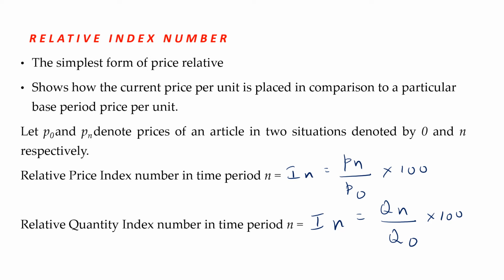Again, Qn and Q0 are the quantity in two situations denoted by n and 0 respectively. So similar to relative price index number given by Pn upon P0 into 100, we have relative quantity index number given by Qn upon Q0 into 100. Now we'll understand this with an example.